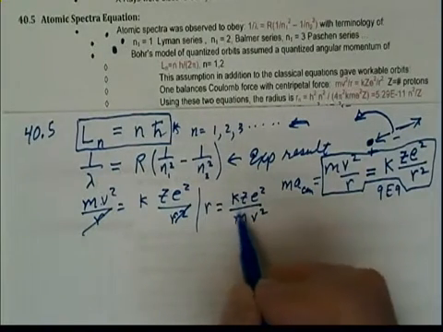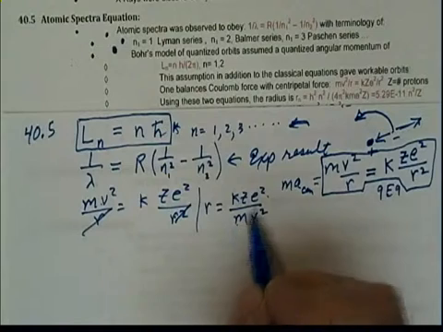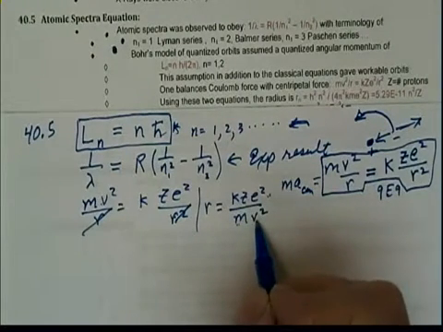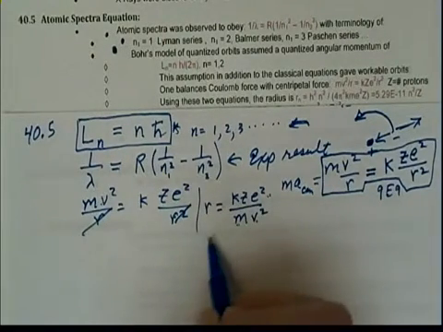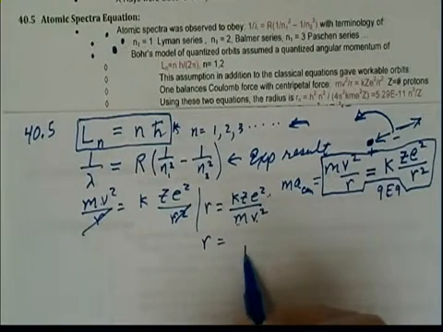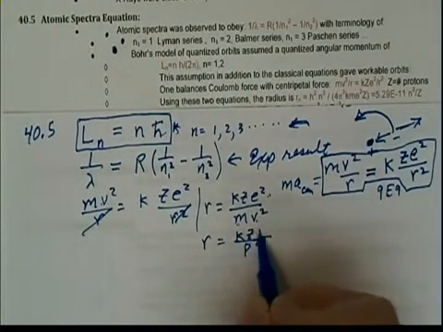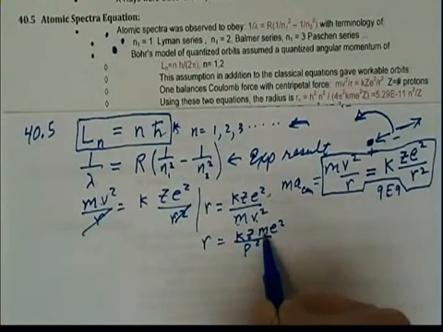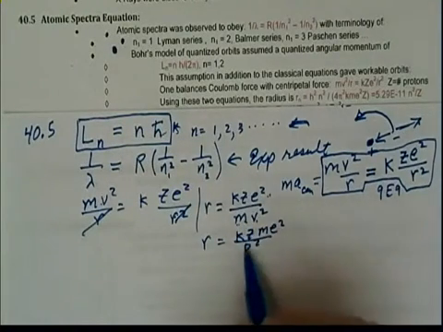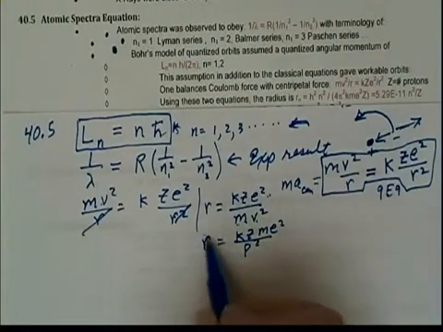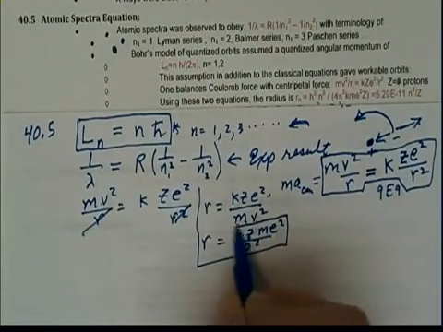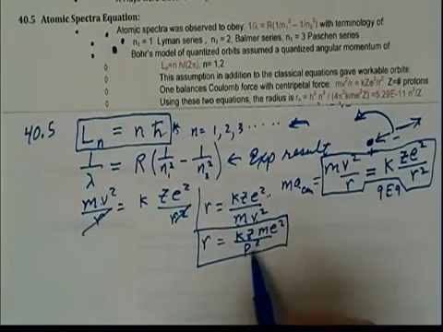But I could multiply the numerator and the denominator by m, and that would give me m squared v squared, which is p squared. So r would be equal to kZme squared divided by p squared, where I've added this mass because I squared this mass down here, and you recall that p is equal to mv. So this shows us what the radius has to be.